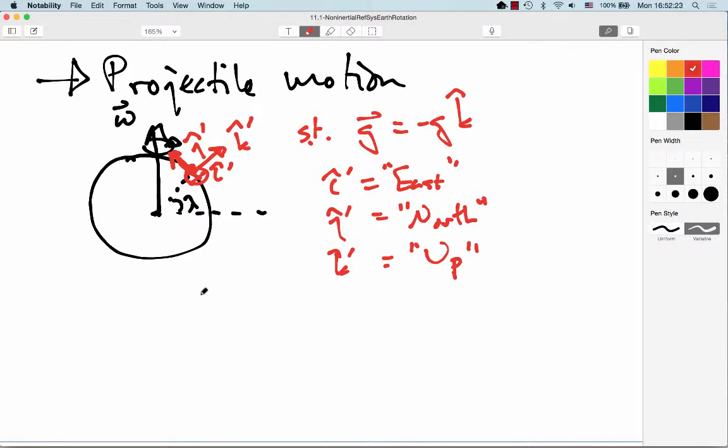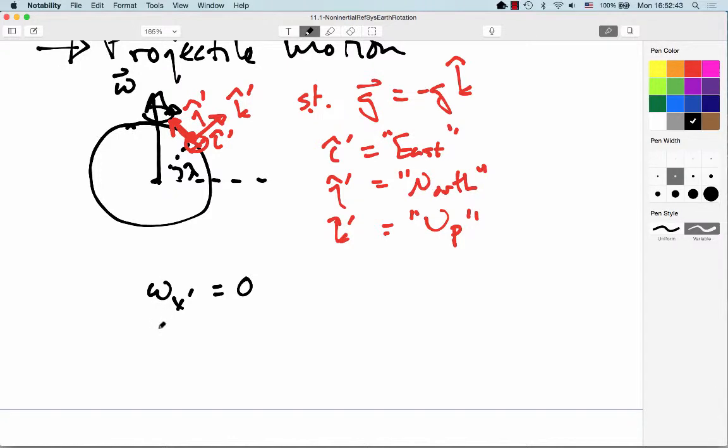So if we look at this, this does mean that our omega, when we put it into the primed coordinate system, the x prime component of omega is 0.